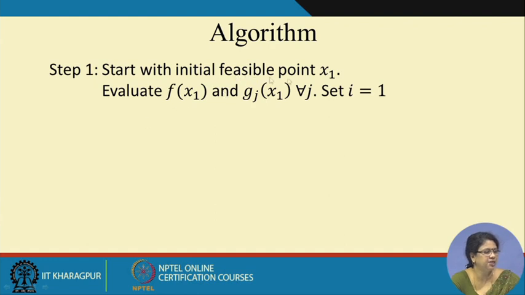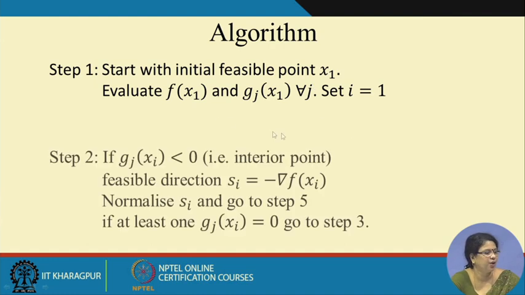Take the initial feasible point x1, that is of your own choice. If your choice is good enough, then your number of iterations will be less. Now find out f and g at that point, then if g_i is less than 0, then it must be in the interior point. Now find out the feasible direction as grad f(x_i) at that point, that is the feasible direction.